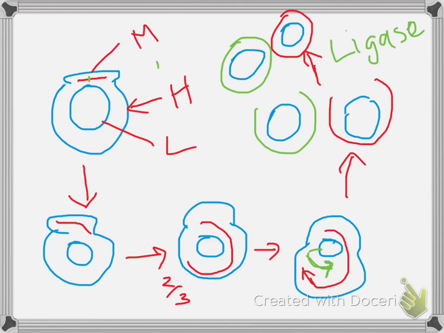The polymerase adds the nucleotides in this direction. So in this strand, the complementary bases of the heavy strand are synthesized, and it continues until 2/3 of the replication.